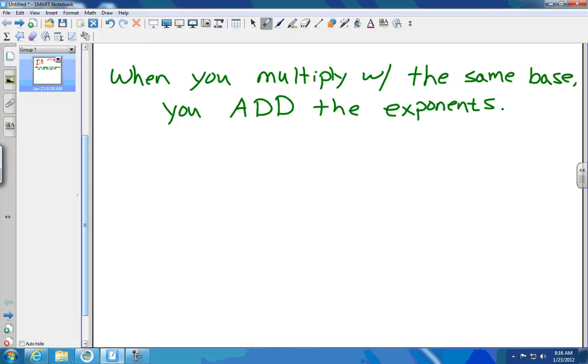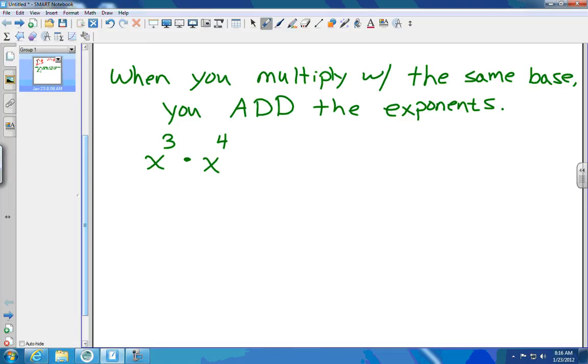Because if you don't have that memorized very good in your brain, then when you get to a problem, you're going to have about 5 rules up there that are all going to mix together, and you're not going to remember when you do what. When you multiply with the same base, you add the exponent. So if we have x to the third times x to the fourth, what are the bases of those two terms?